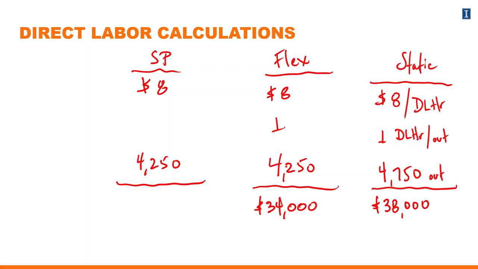And thinking about that on a per unit basis means that the given information said 4,150 direct labor hours were used to produce the 4,250 units. So on average, it's a little less than 1 direct labor hour per output. Multiplying all those 3 components together yields a total dollar amount of $33,200.